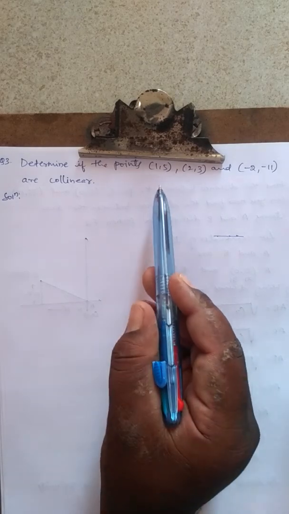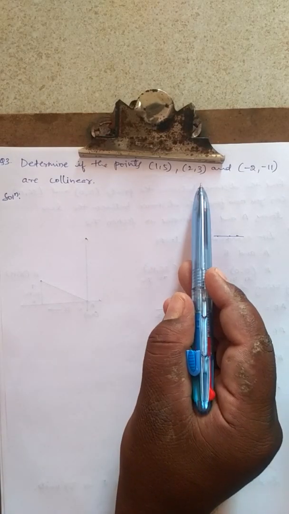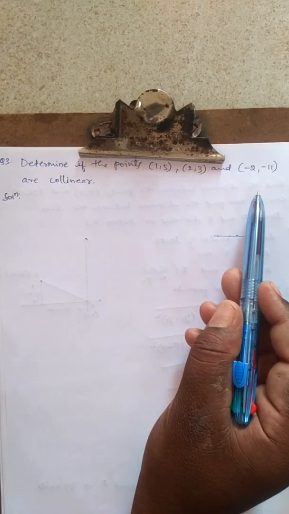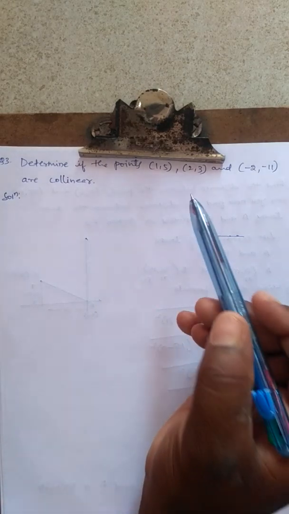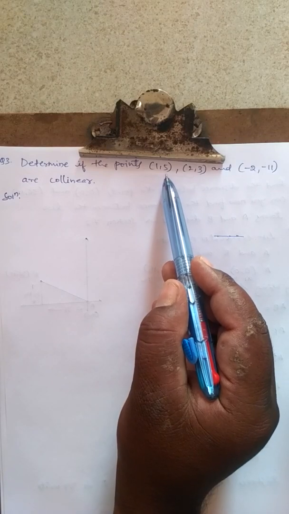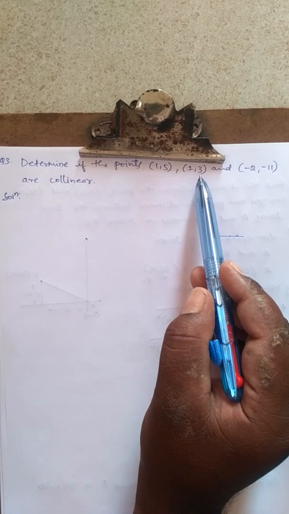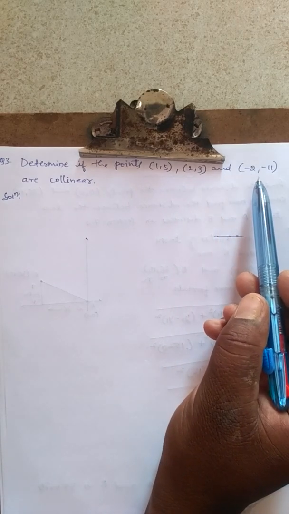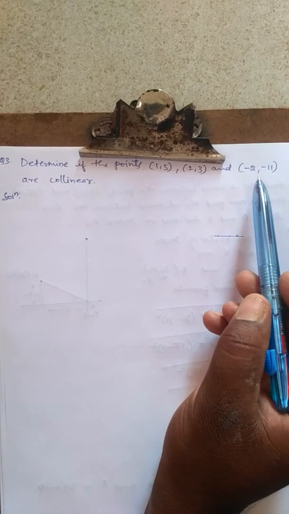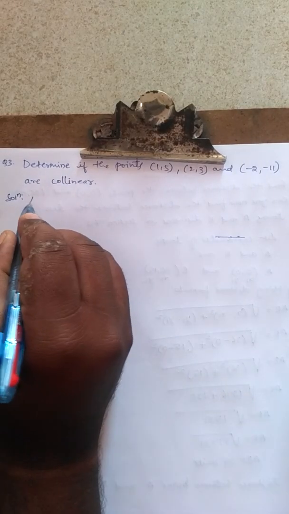So to find out whether these 3 points 1, 5, 2, 3 and minus 2, minus 11 are collinear or not, how to find out? We have to find the distance between the first and second coordinates, the distance between the second and third coordinates, and the distance between the third and first coordinates. If we add any two distances, then that should be equal to the third distance. See here how to solve.